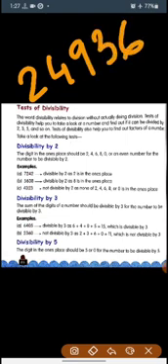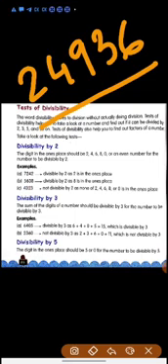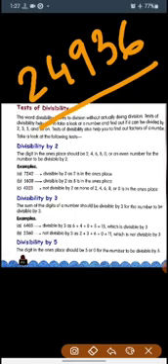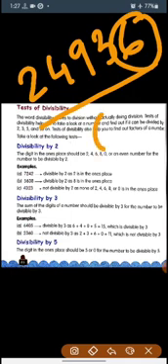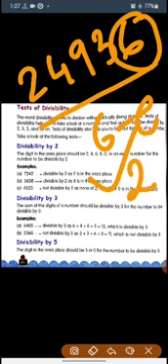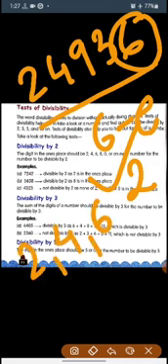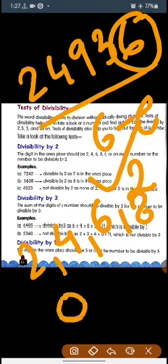So here in this number, the ones digit is 6. 6 is an even number, so it is divisible by 2. Any number which has 2, 4, 6, 8 and 0 on its ones place is divisible by 2.